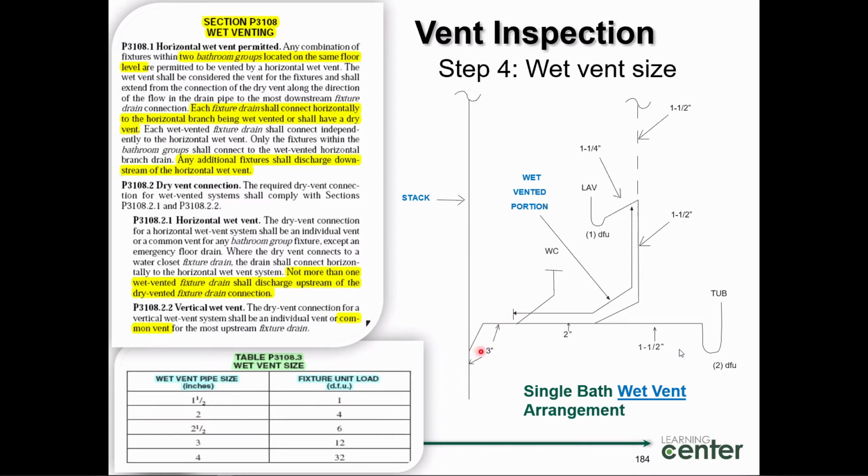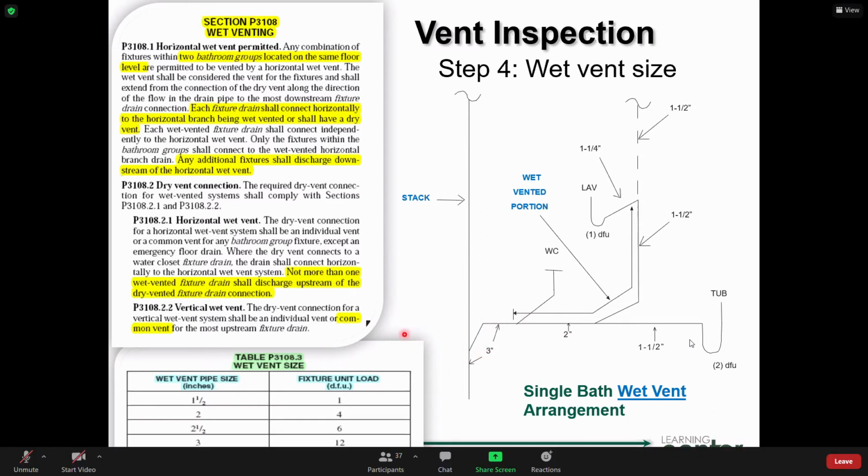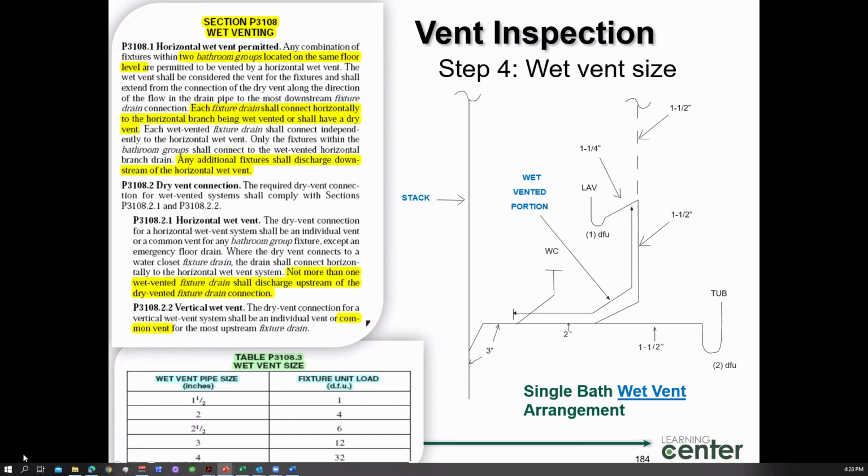Okay. Now, we're not done yet. What is the largest diameter drain served on the wet vent? 3-inch. Don says 3-inch. I agree with you, Don. Fantastic.